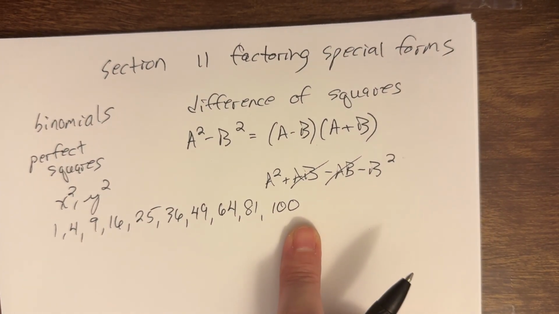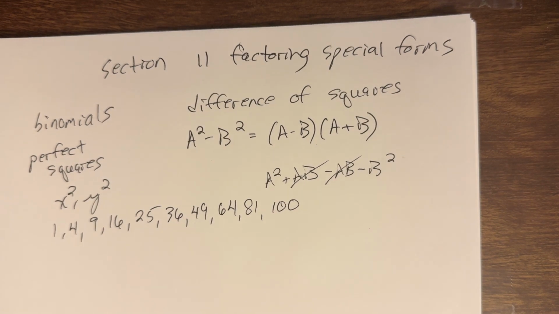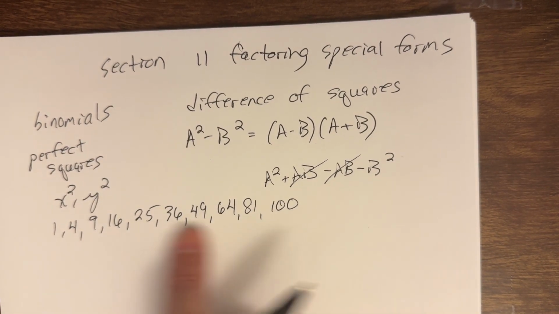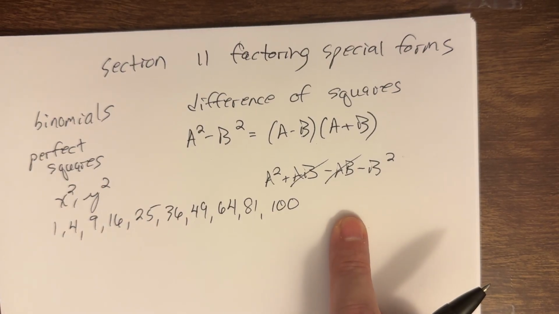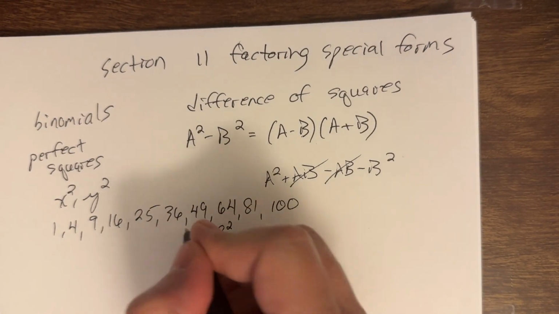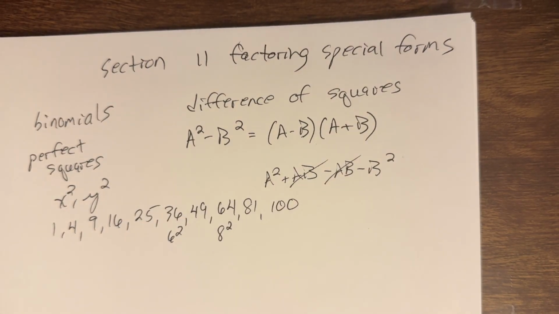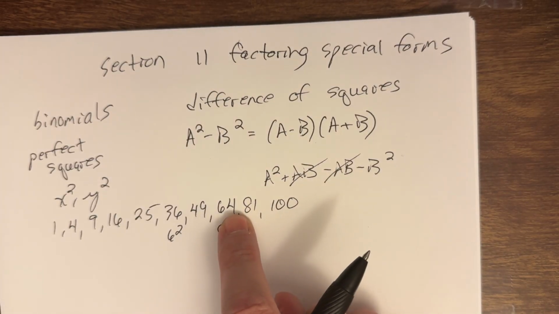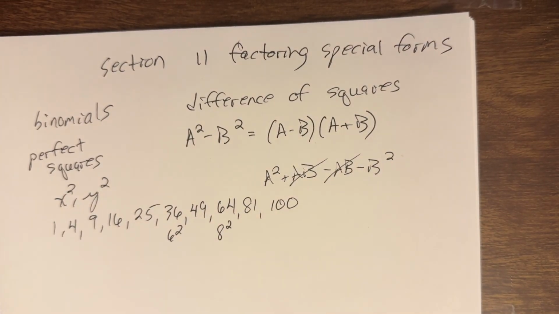Our book and the authors of our book basically assume we know 1 through 10 squared. So when you see numbers like 64, that screams out, hey, that's really 8 squared. 36, that's really 6 squared, and so on. So it still maintains that form, even though we're dealing with numbers and not variables.